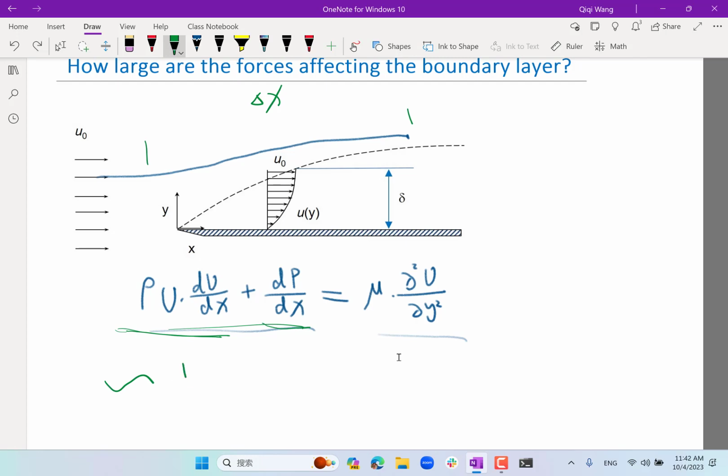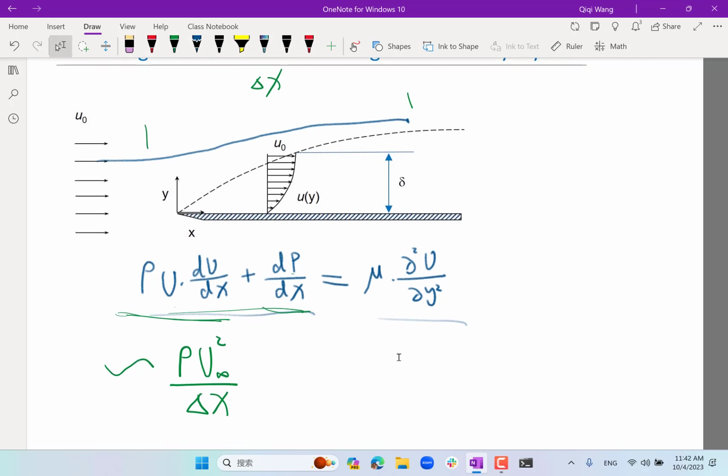Let me ignore the half because I'm looking at order of magnitude here. I'm looking at the change of rho u infinity squared, so that is the magnitude of both the first term and the second term before I divide by delta x.